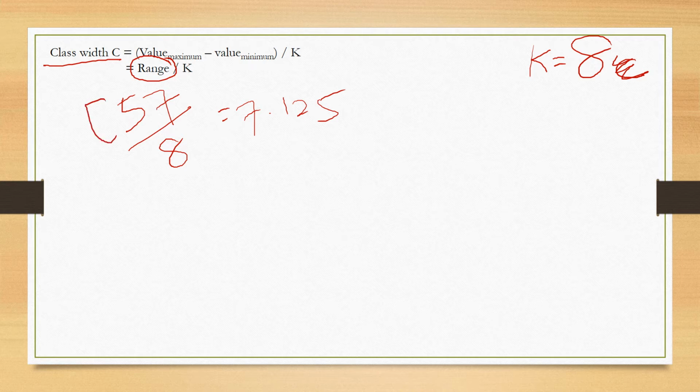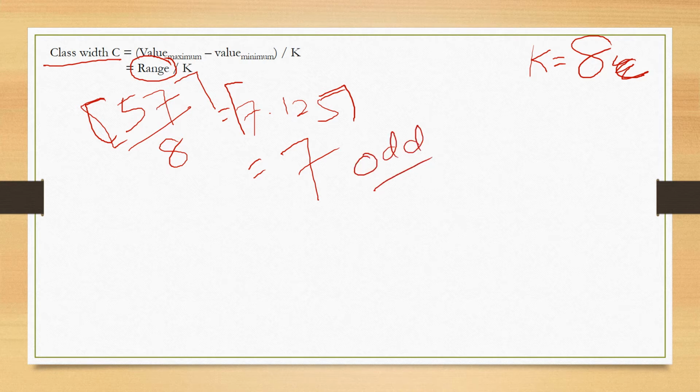For class width, we apply a ceiling function. The ceiling function means to round up the value to the nearest whole number. Always round it up, so even if it were 0.01, we still round it up to 7. And I like a class width of 7 because it's an odd number.